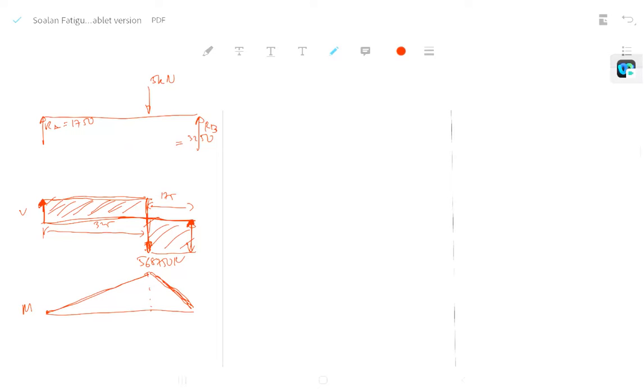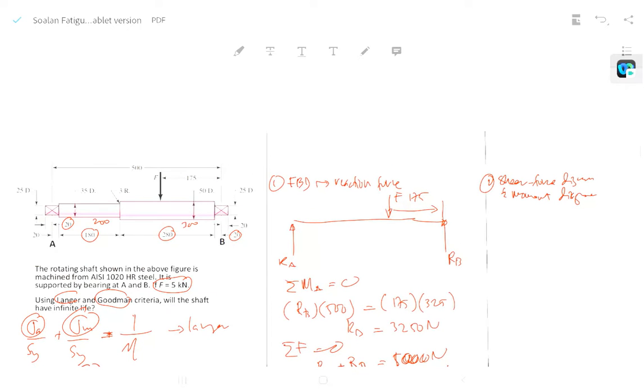But we have to consider as well that we need to identify the critical point on the shaft, because the shaft has the fillet. If you see the fillet, we have to determine whether this is the critical point or this is the critical point. From our naked eyes, this will have stress concentration.